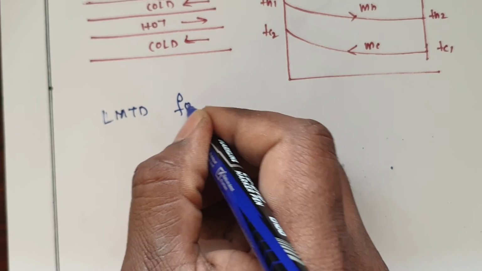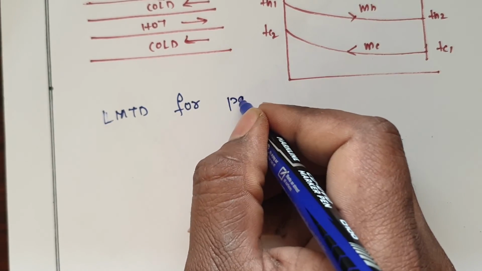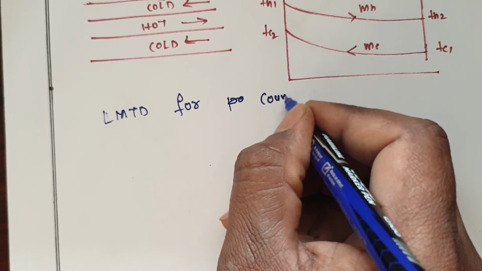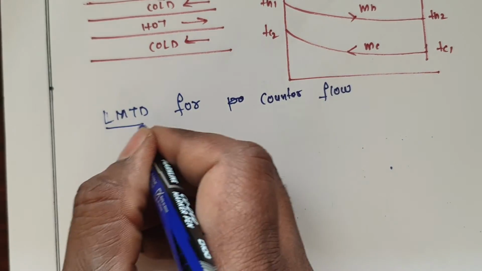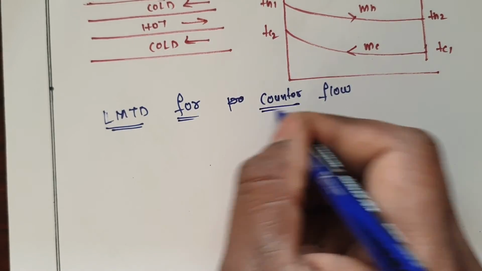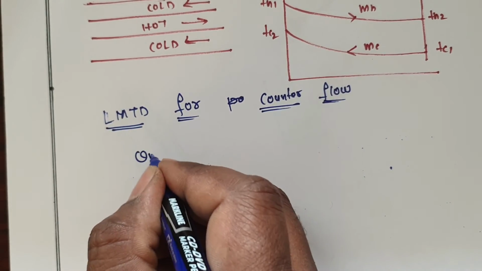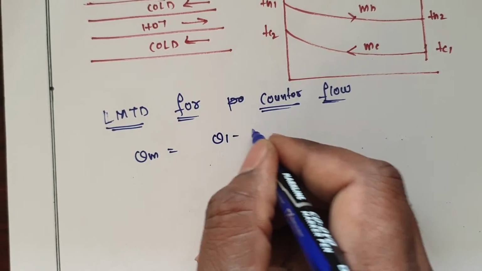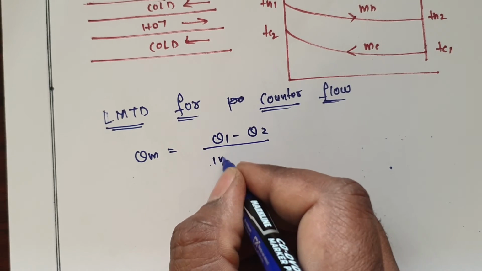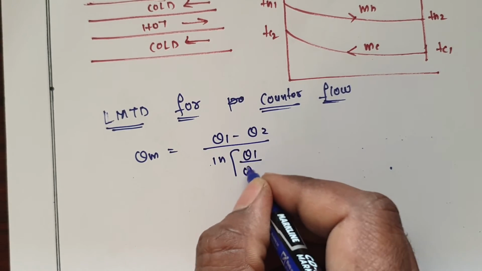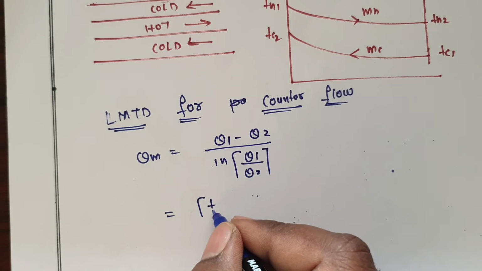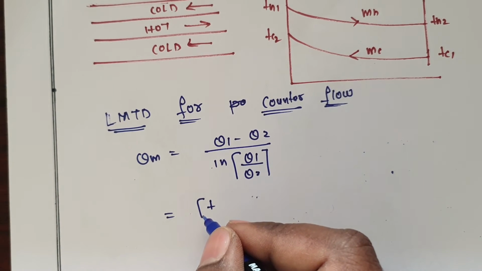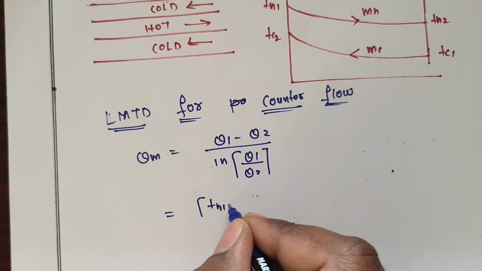LMTD, logarithmic mean temperature difference for counter flow. Here the formula: theta m is equal to theta 1 minus theta 2 by ln of theta 1 by theta 2. What is the formula for counter flow? The LMTD formula for counter flow is somewhat different compared to parallel flow.